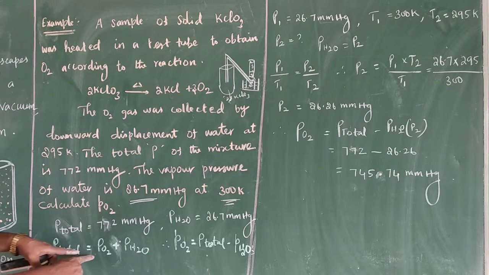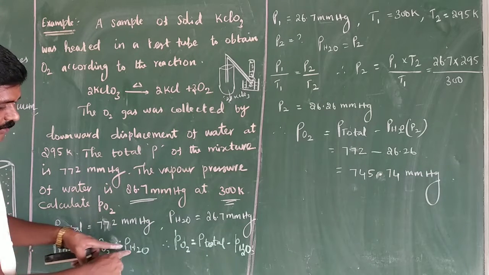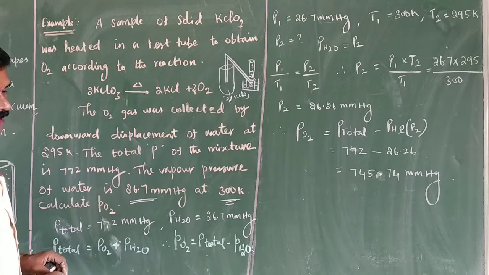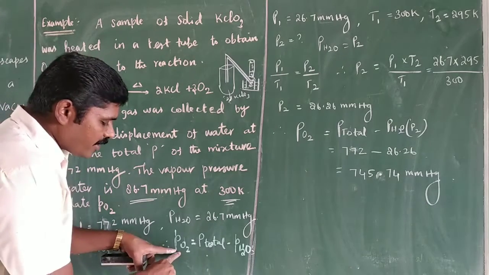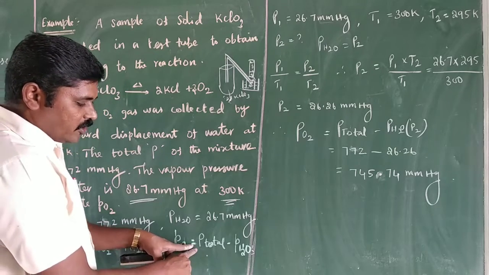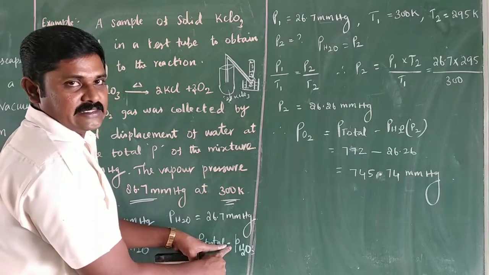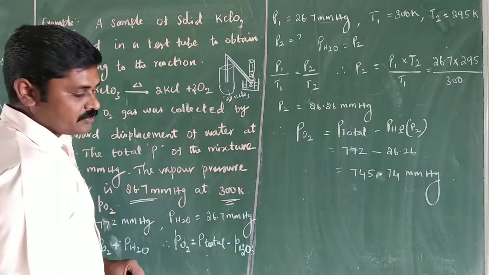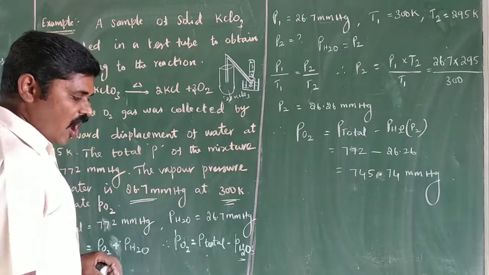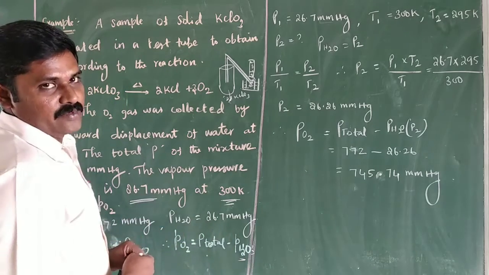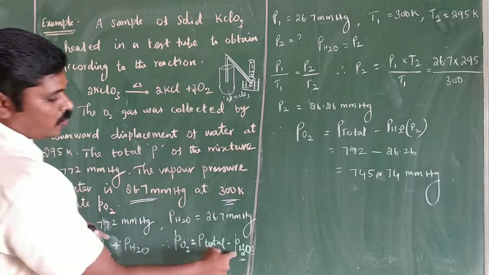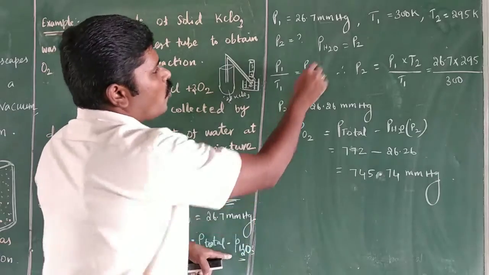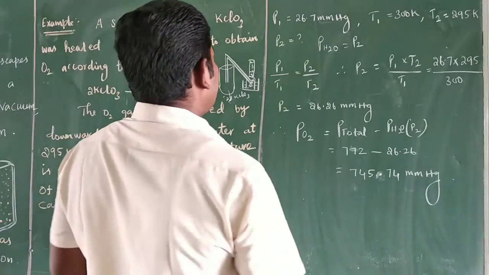P total is equal to PO2 plus PH2O. According to Dalton's law of partial pressure, the partial pressure of oxygen is equal to the total pressure minus the aqueous tension. But the aqueous tension is not given directly at this temperature, so we calculate PH2O.